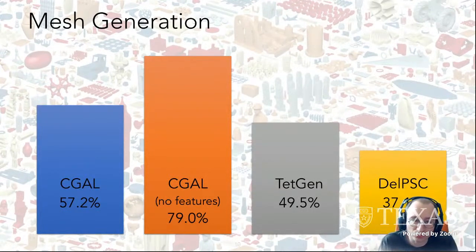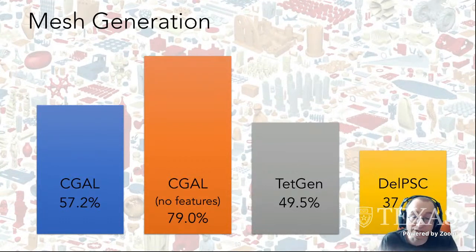And the sort of surprise here is that if you try them on this arbitrary collection of data, they're going to fail most of the time. And this is something that is not really tolerable if you're trying to automate. And I would like to point out that having a number like 99.9% will probably still not be enough. Let's say that you're trying to use all of these to process a data set like ShapeNet so that you can try to learn policies for a robot to grab an object.